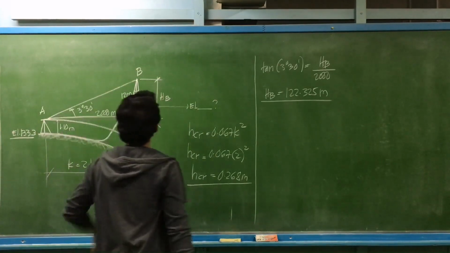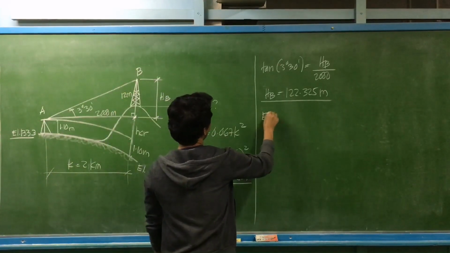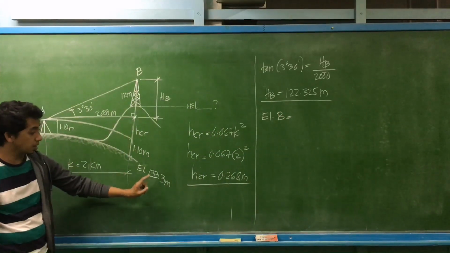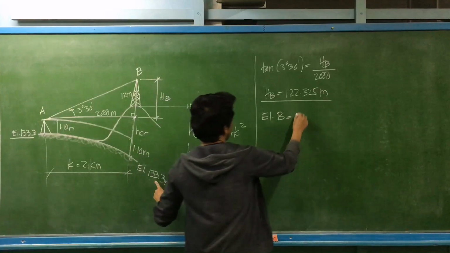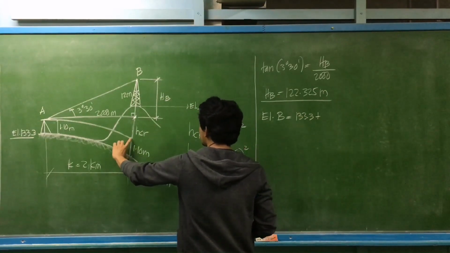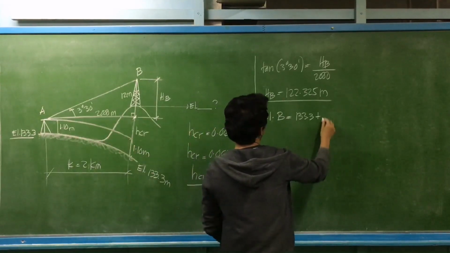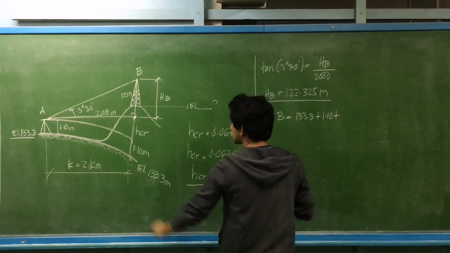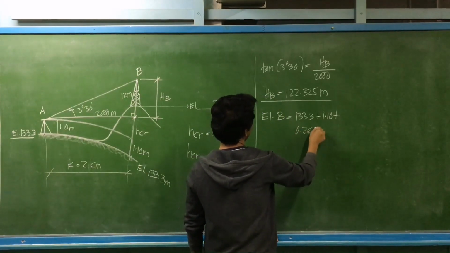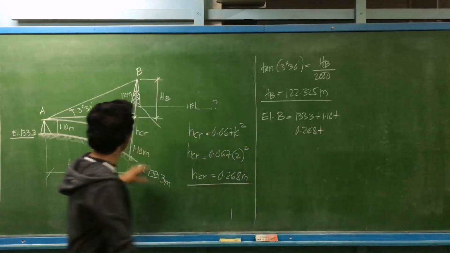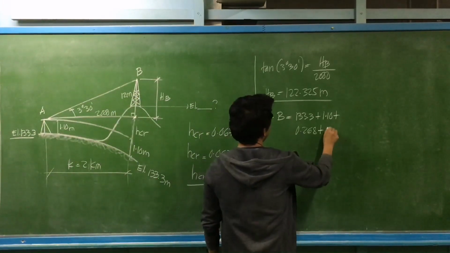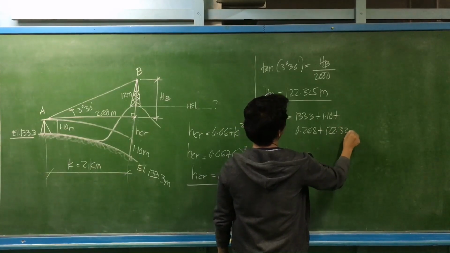Okay, so paano ba natin kunin yung elevation of the top para hindi natin ma-direct yung elevation ng base? So, kunin natin yung elevation, sabihin ko na lang, elevation at B is equal to, saan ba tayo magsisimula? 133.3 plus, ano yung susunod? Yung height ng instrument. 1.10 plus h of CR, that is 0.268, plus h of B, that is equal to 122.325.